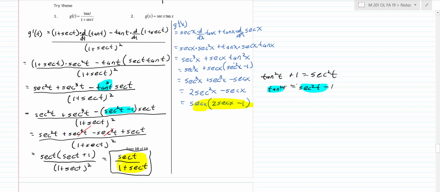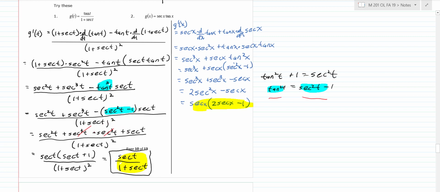Well, we have this identity right here. Tangent squared t is equal to secant squared t minus 1. The identity is usually written like tangent squared plus 1 equals secant squared, but I can rearrange and do that. So I replace this tangent squared with this. Then I distribute, so I'd have minus secant cubed, and then minus minus is plus secant t.